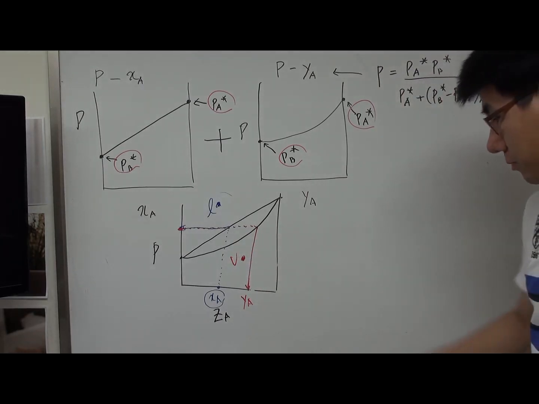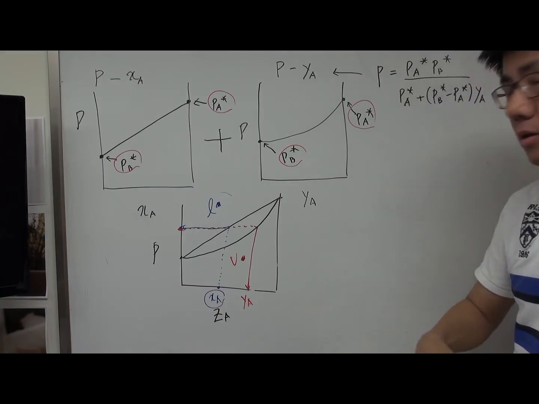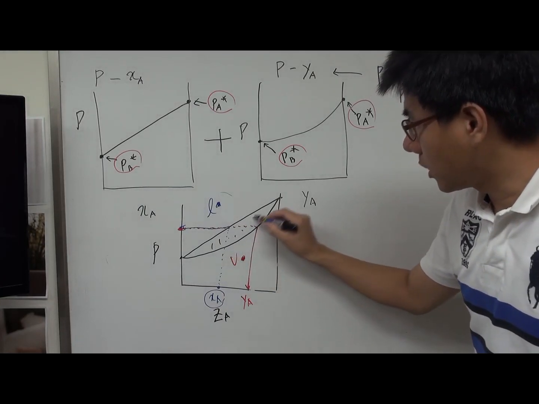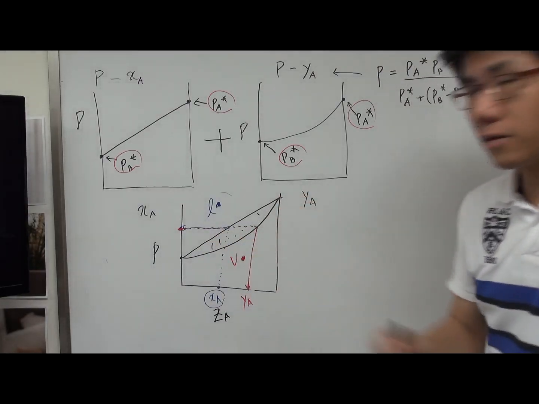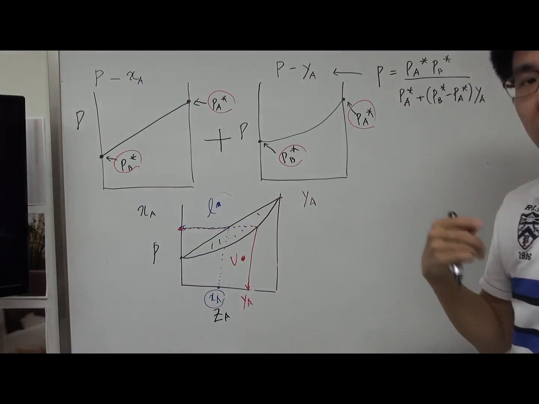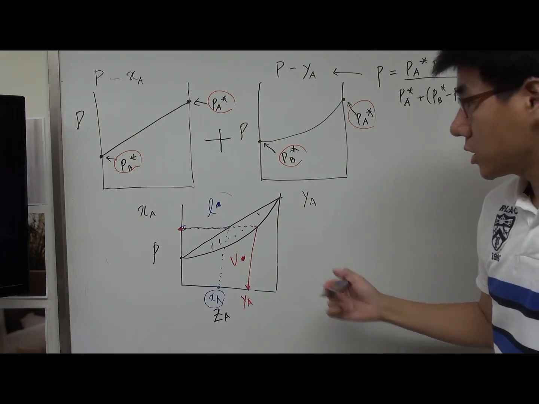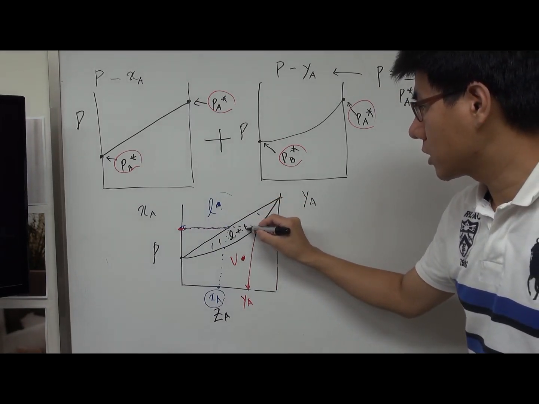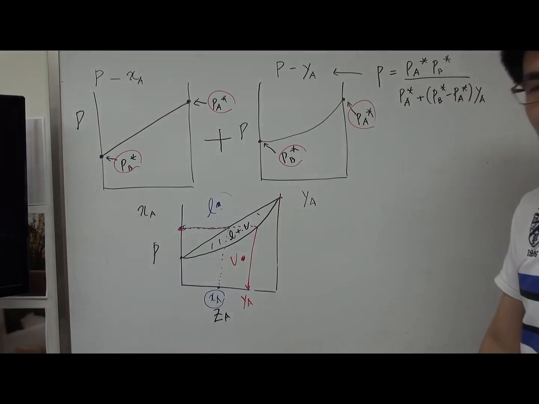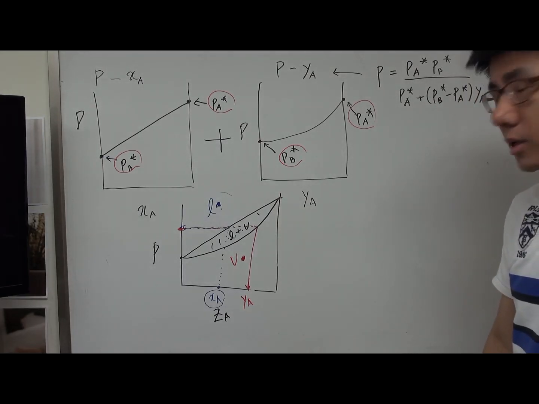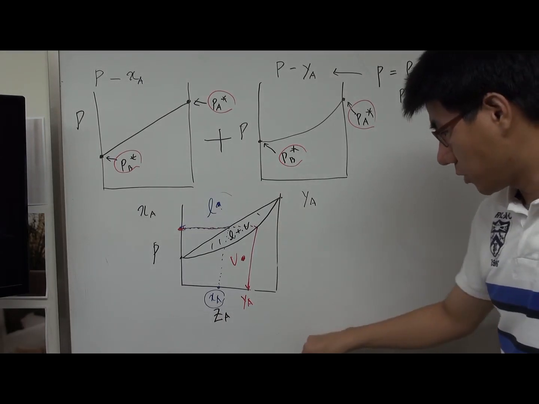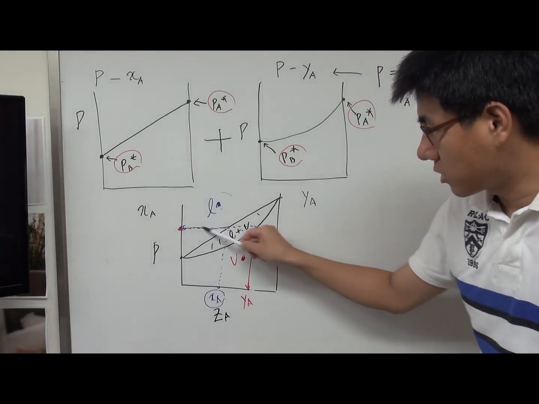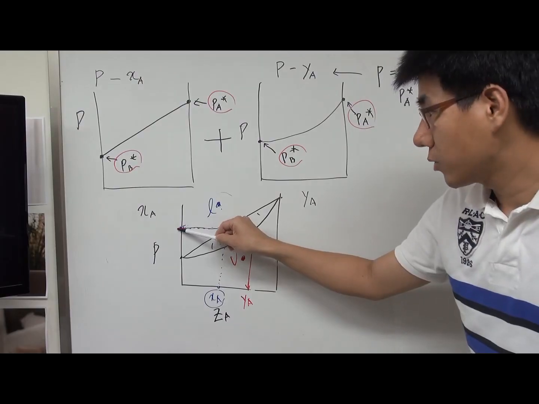And similarly, the area in between this line and this curve would represent the area at which both liquid and vapor phases coexist. Right? When the composition is XA in the liquid, the vapor pressure is here, the total vapor pressure.